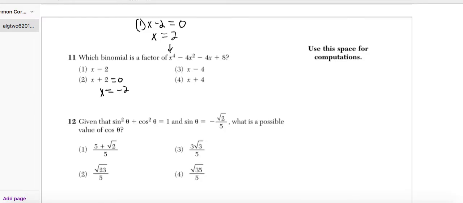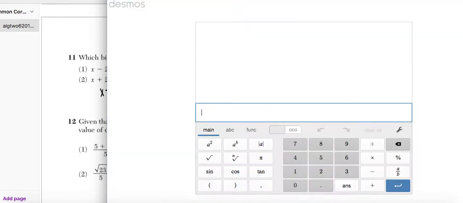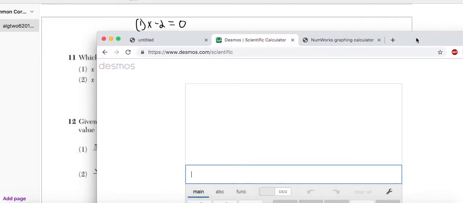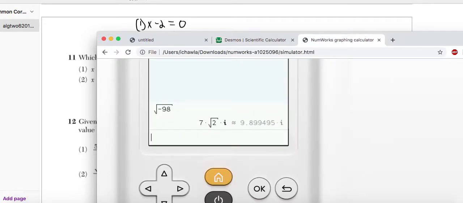So I'm going to just call this polynomial f of x, right? If f of 2 is 0, then x minus 2 is a factor. I'm going to just use the calculator very quickly. We could do it by hand. I had the answer key there because I wanted to make sure I didn't make any mistakes, so I was double checking.